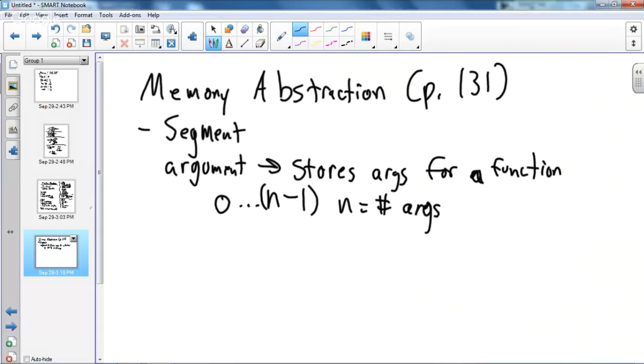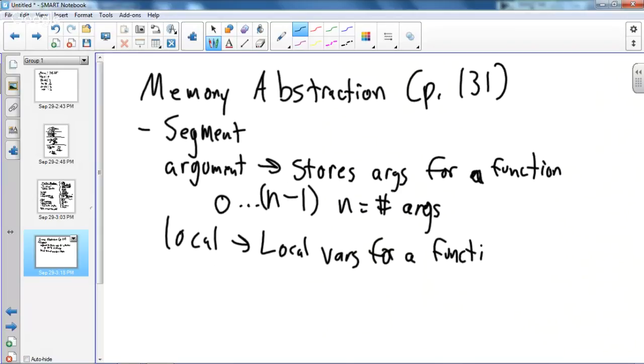Okay. Next segment is local. So these are local variables for a function. And so this might seem pretty similar to argument, but this is really concerned about the variables that are declared within a function.